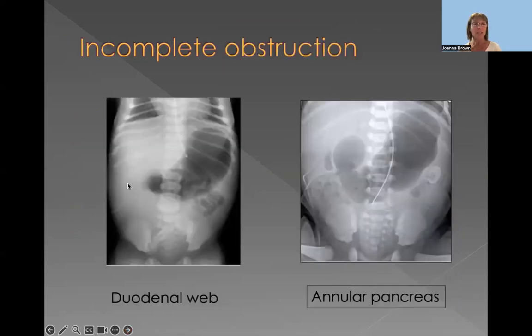In this situation, when we did further examination and the patient went to theater, this was caused by a duodenal web, and this one by annular pancreas. We can't make this differential diagnosis on the X-ray, but we need to say that this is an incomplete obstruction, and whatever the cause, the child needs to go to theater because it is an obstruction to the passage of fluid and food at the level of the duodenum. So with suspicion of one of these two pathologies, we shouldn't delay the treatment and the patient should have surgery.